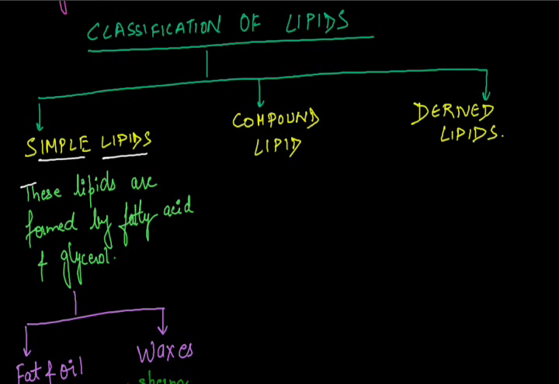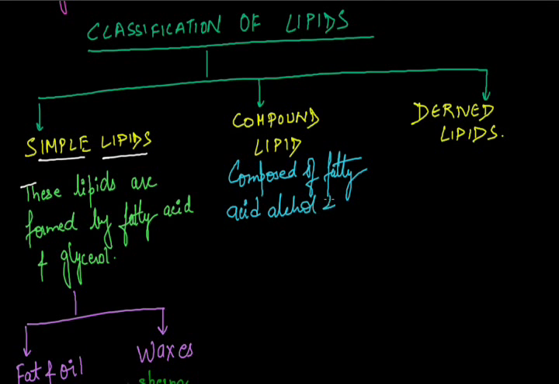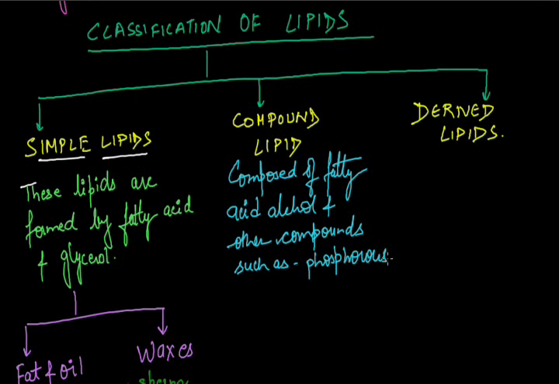Now compound lipids. They are composed of fatty acids, alcohol, and other compounds such as phosphorus, amino, nitrogen, and carbohydrates.